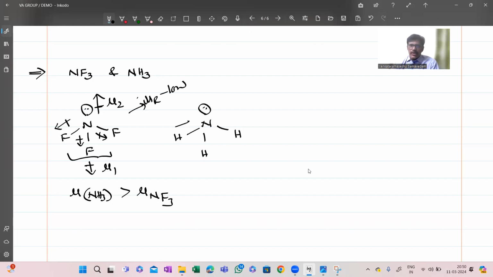But in the case of NH3, nitrogen is the more electronegative atom. That means the lone pair, in whichever direction it is polarizing the molecule, in the same direction the bond pairs are also polarized. That means here all bond moments are in only one direction.